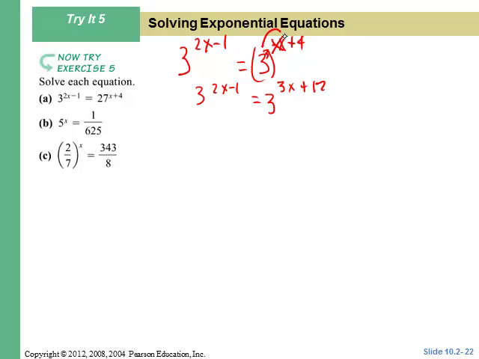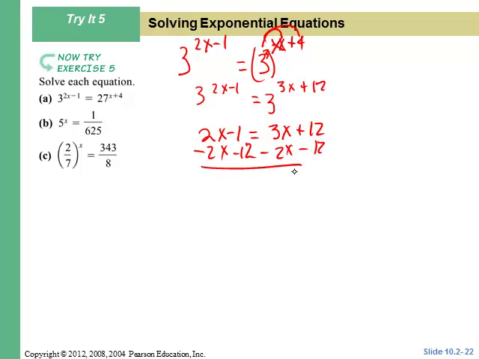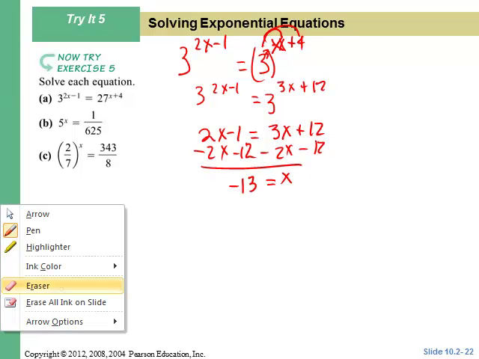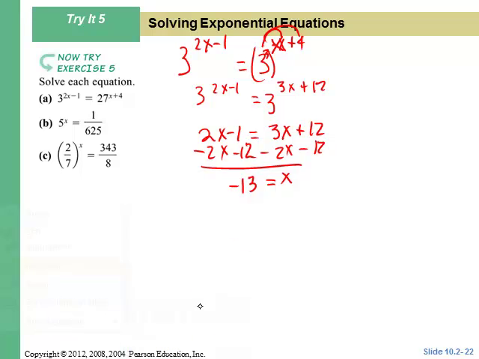You take the 3 times both of those parts, and you get 2x minus 1 equals 3x plus 12. Subtract 2x from both sides, subtract 12 from both sides, and you get x equals negative 13. I'm going to switch colors for the next one.